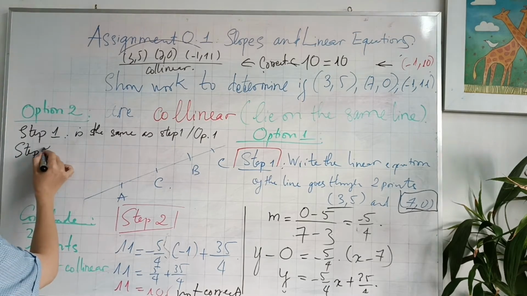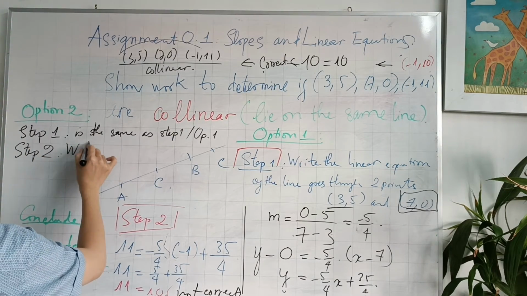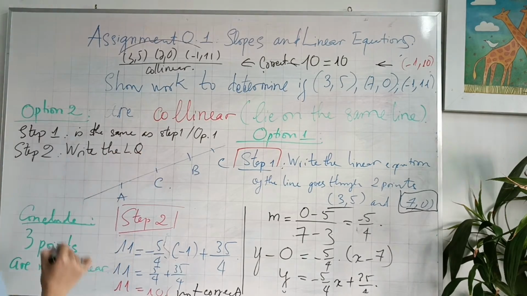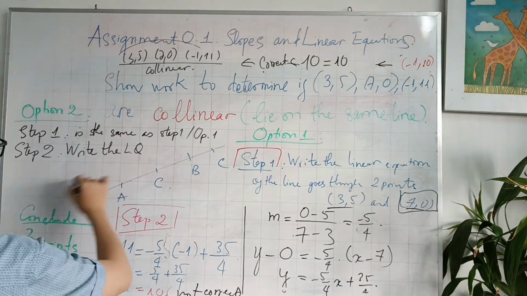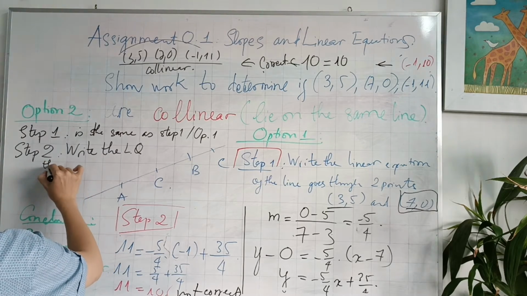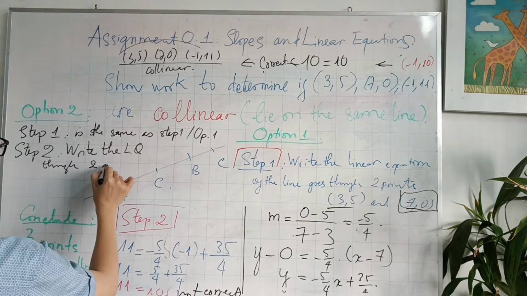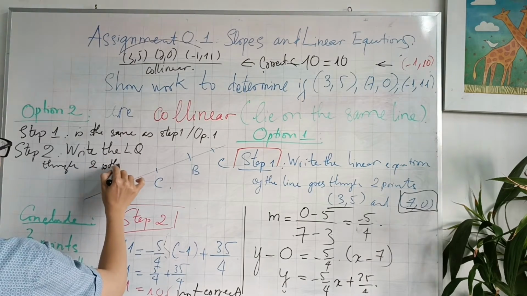And in step 2, you write the linear equation through 2 other points.